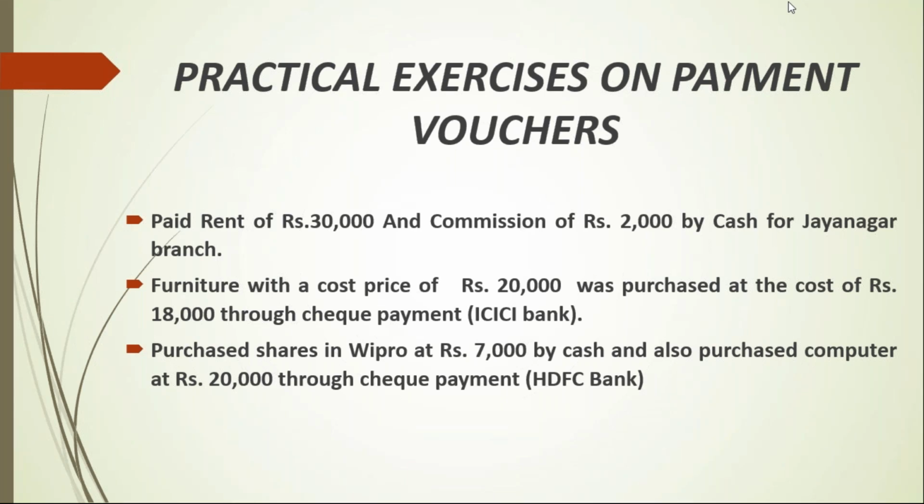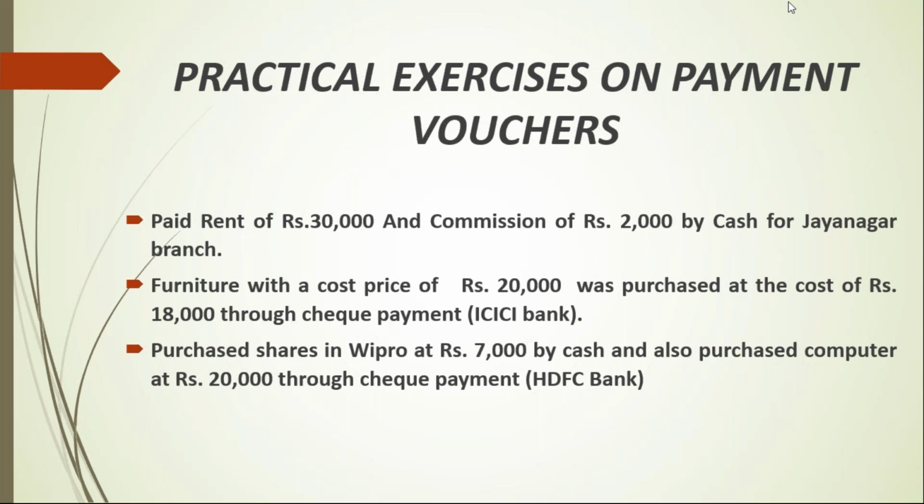The original cost, cost price, carrying amount, book value all mean the same. The worth of the furniture is 20,000, but it was purchased by the company at 18,000. So I get a discount of 2,000 rupees here.